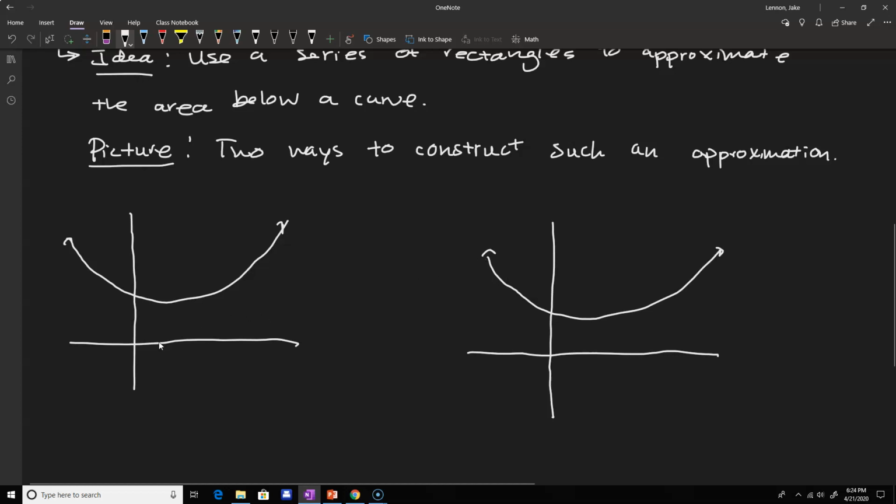Okay, so let's say we have our point A and we have our point B. So we do the same thing over here. We have our point A and we have our point B. So basically our goal is to approximate the area between the x-axis and the curve on each graph using rectangles.